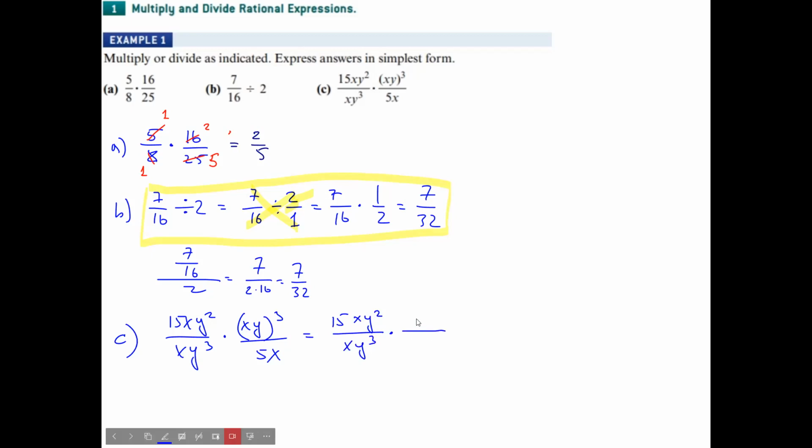We already have multiplication, so now we can take the red pen and so 3, 1. Now x and x, y cubed and y cubed, x. Good.